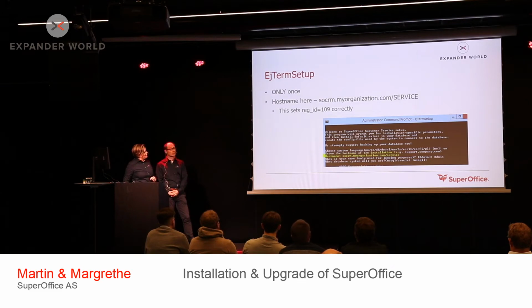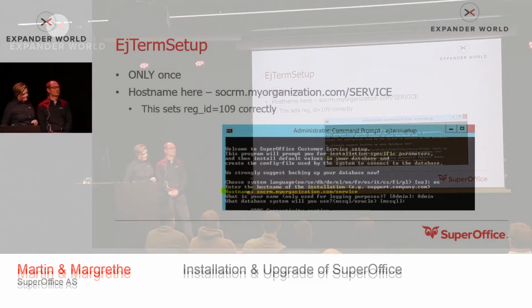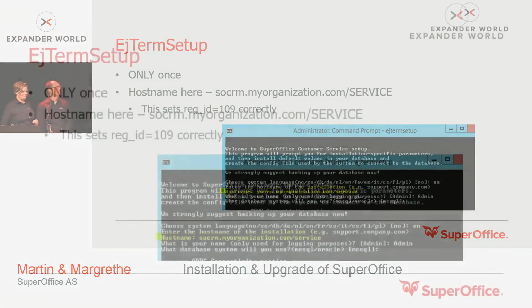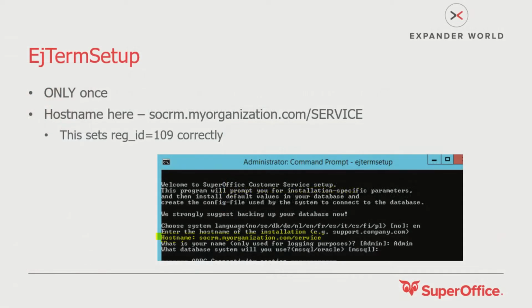EJ term setup. We have had cases where people have been able to run this more than once, which is done by someone editing the database, which is bad. So you only run it once.